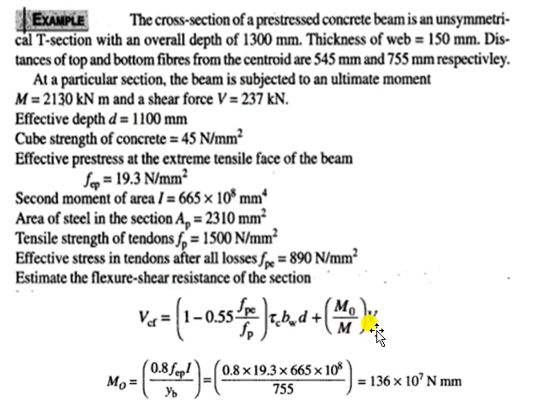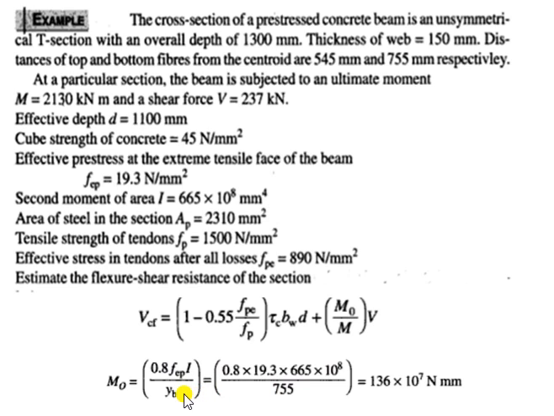So in this formula we need to determine what is tau C and what is M naught. To calculate M naught we have the formula 0.8 FPE into I divided by YB. So 0.8 FPE is 19.3, into 665 into 10 to the power of 8, this is the moment of inertia, divided by 755.